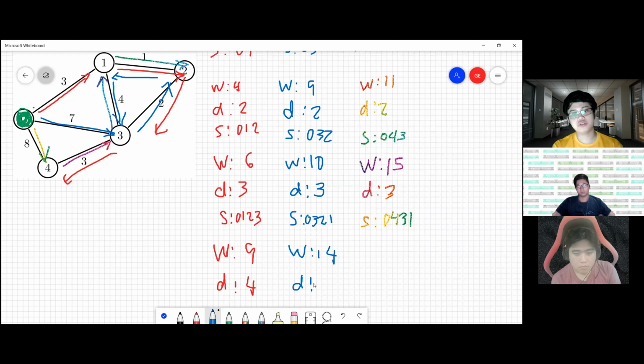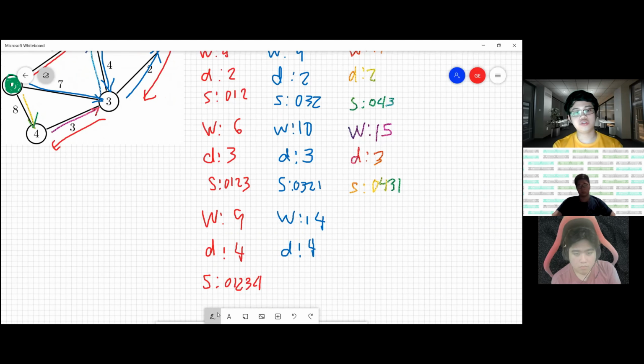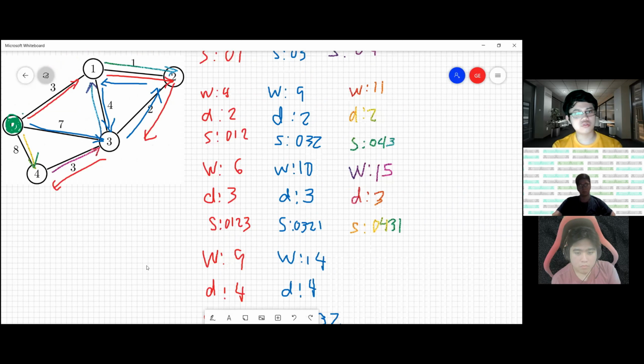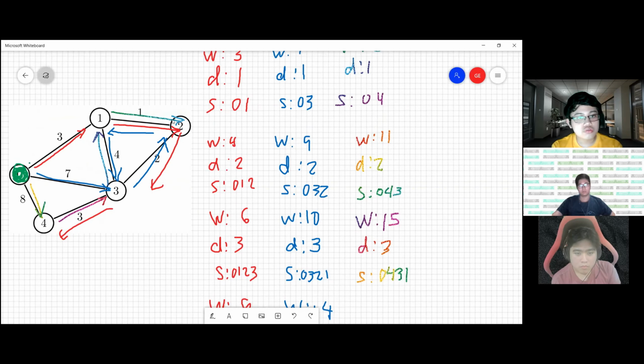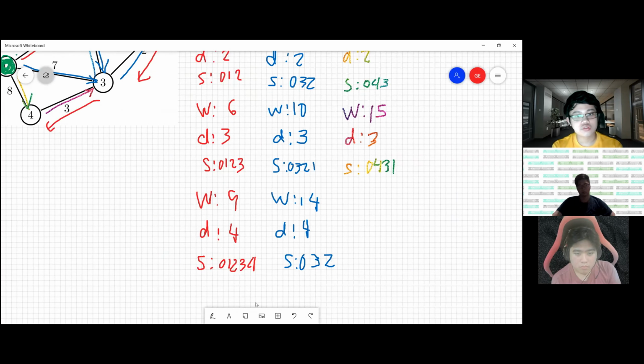The distance is 4 as well. The sequence is 0, 3, 2, 1, 4.